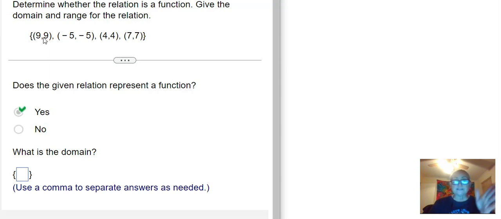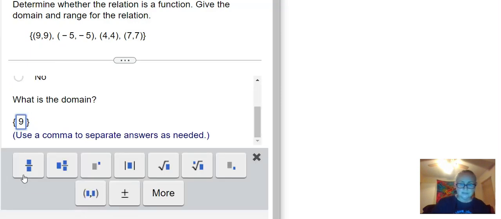The domain is the set of all the X's. So 9, -5, 4, and 7. Let's separate those with commas.